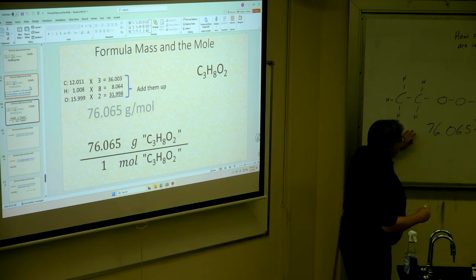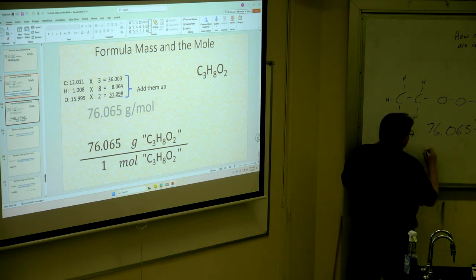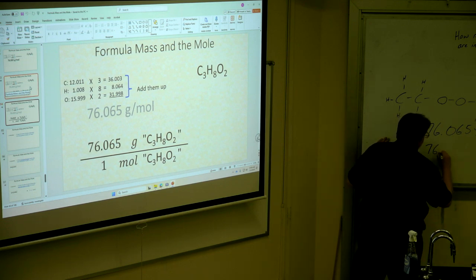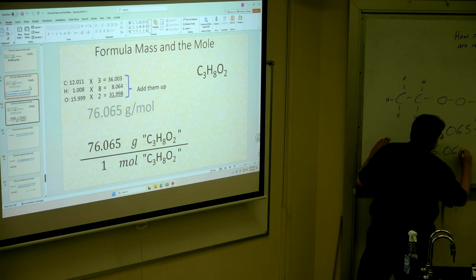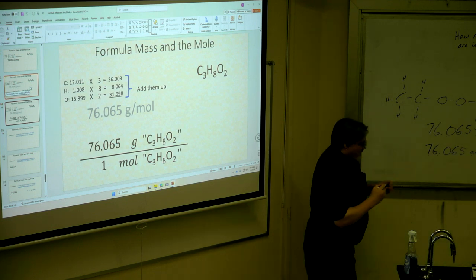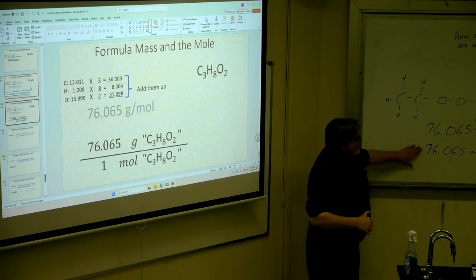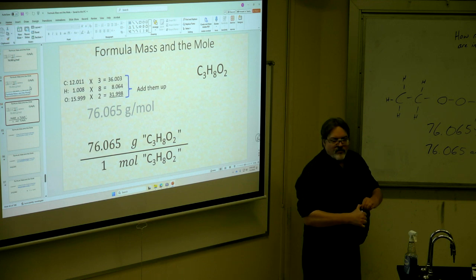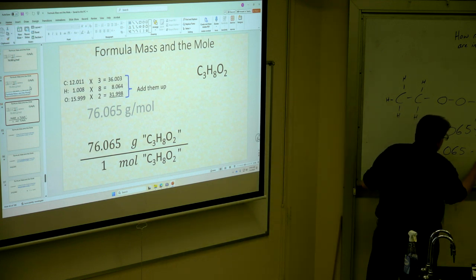This is known as the molar mass. If I did it in AMU, different unit. So it's numerically the same, just don't worry about AMU. Anywhere you see AMU for anything we're doing, cross it off and say grams per mole and move on.